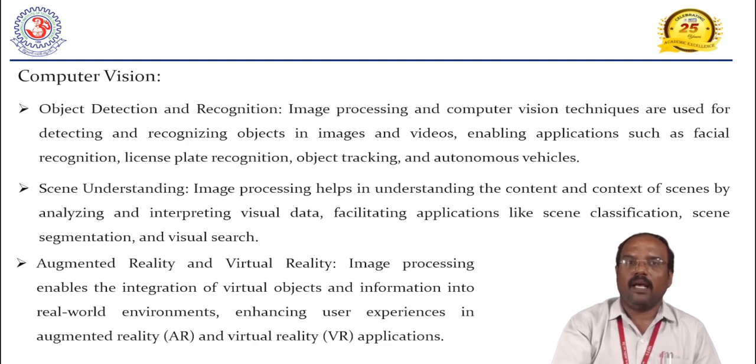And we can understand scenes also, that is, we can help to understand the content and the context of a scene by analyzing and interpreting visual data. Applications also include scene classification, scene segmentation, and visual search.